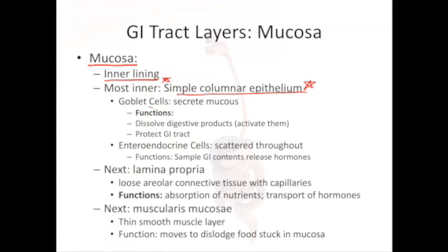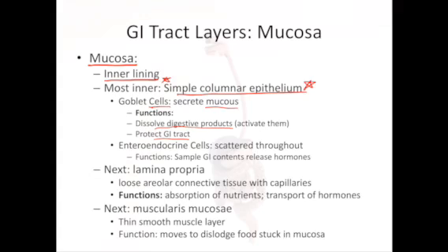This is what contains goblet cells. We talked about these, right? The functions of those goblet cells are here. They are going to release the mucus, and that mucus is going to help us dissolve digestive products, as well as protect the GI tract from some of the dangerous chemicals and other things that can come through.